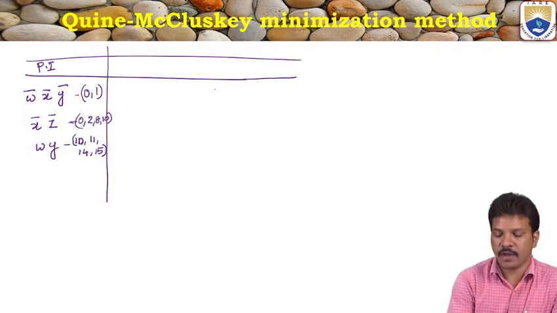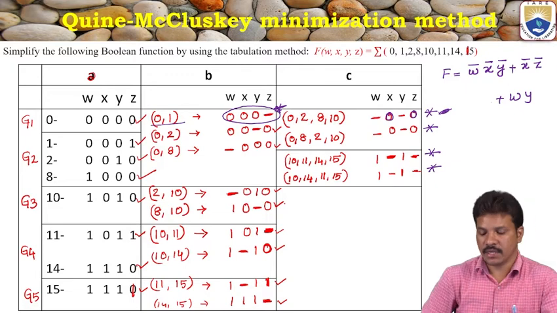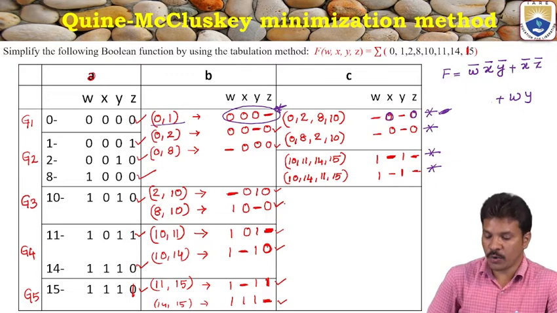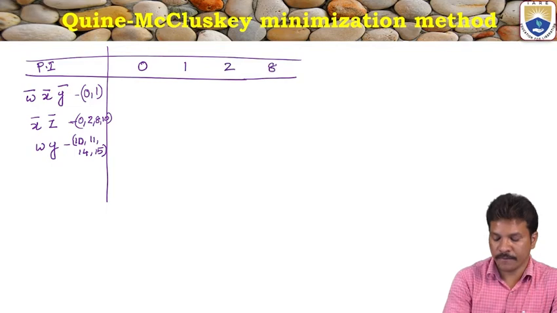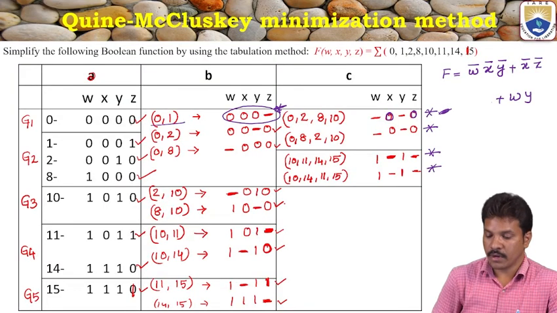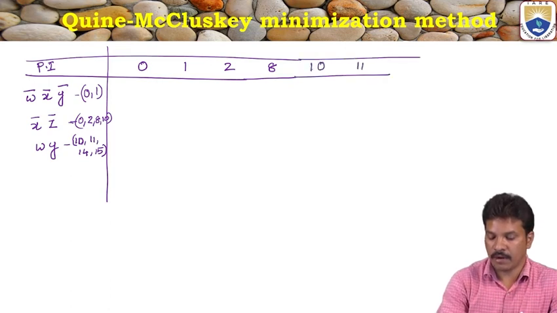Now in the second column, we take all the minterms in decimal: 0, 1, 2, 8, 10, 11, 14, 15.